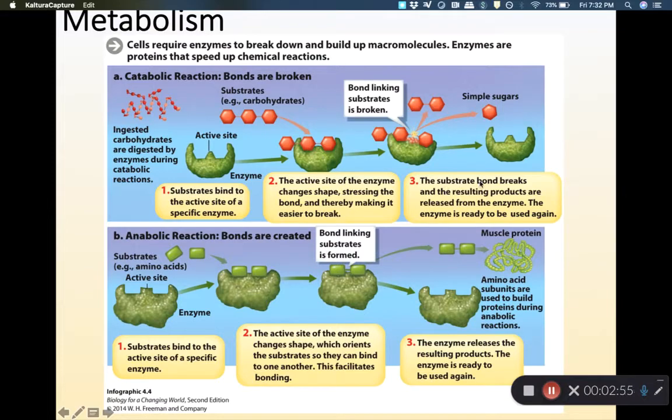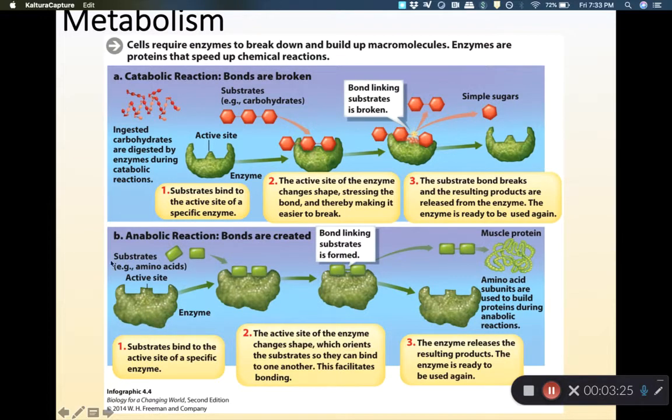That bond is then broken, and it's no longer a complex carbohydrate, but these simple sugars. And it was all assisted by this specific protein called an enzyme to create, again, this catabolic reaction where we're taking a complex carbohydrate and breaking it down into these simple sugars that then can be used by cells.